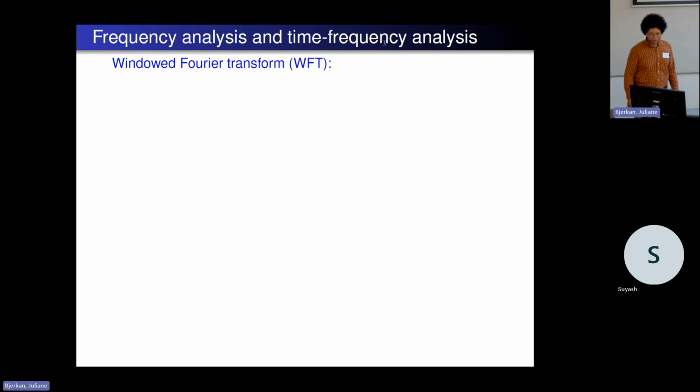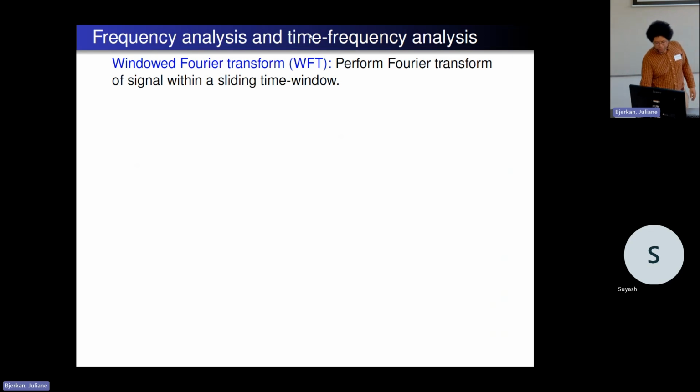Now, one common approach to time frequency analysis is the windowed Fourier transform. So I mentioned the Fourier transform is used often for power spectral density. Here, for the windowed Fourier transform, we perform the Fourier transform of the signal, but not the whole signal. Instead, it's the signal confined to a sliding time window.